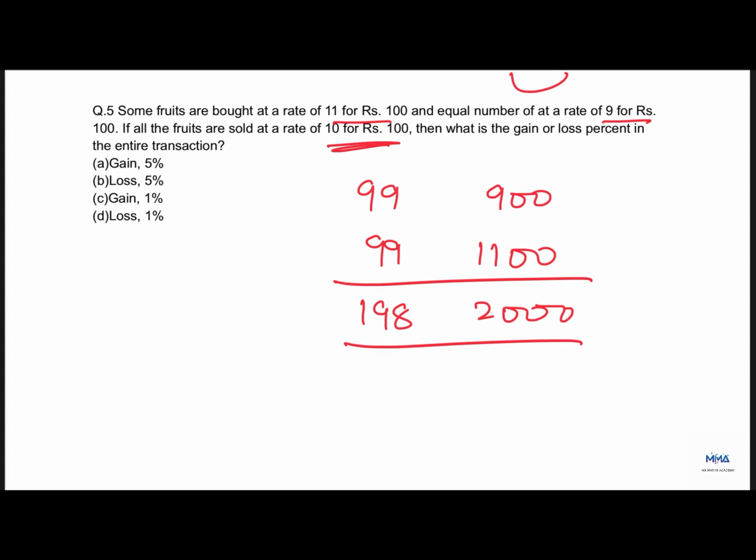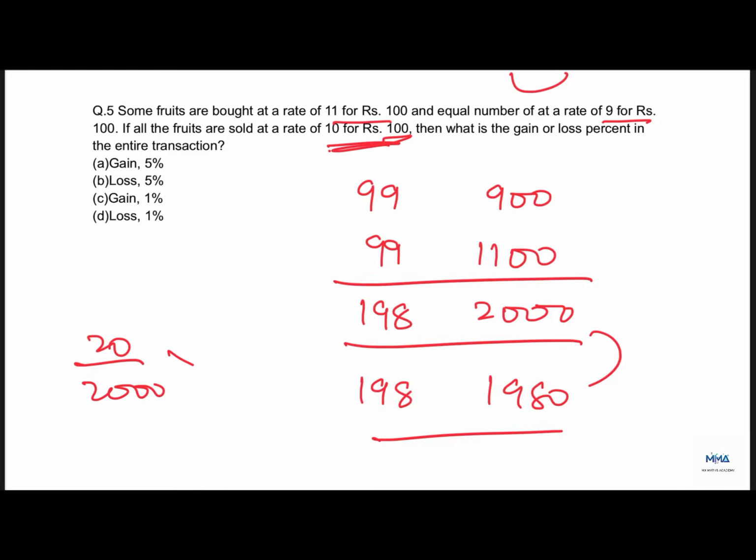So, if you have to find the profit or loss, again equate this number. To equate 10 to 198, you have to multiply by 19.8. So it's going to be 198, and if you multiply this by 19.8, it's going to be 1980. So the difference is 20. 20 by 2000 into 100 is going to be a 1% loss.